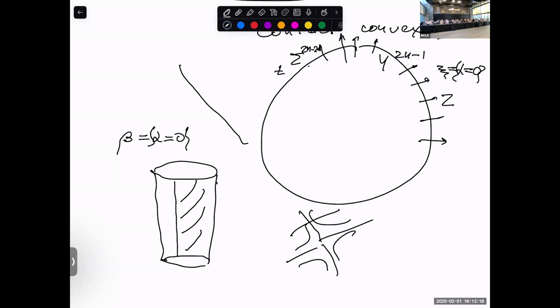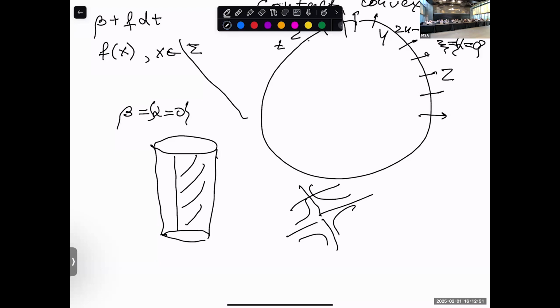Then I can arrange the form alpha to be invariant with respect to this flow, and this implies that my contact form in the neighborhood can be written in the form beta plus f dt, where beta is the form on the slice, and f is some function depending only on the coordinates on sigma.